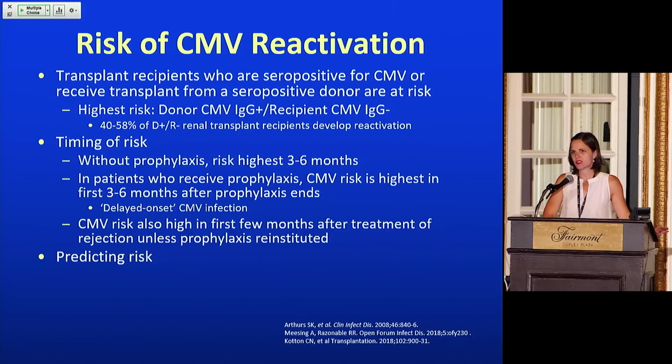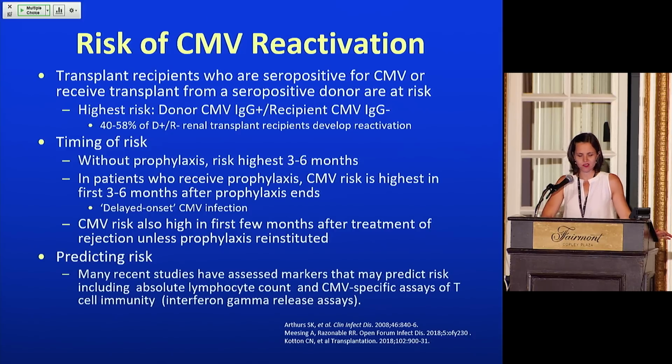So how do you predict risk? This is kind of a hot area of research right now. There are a couple of articles that have come out recently looking at the absolute lymphocyte count. One of them suggested that if you look at the absolute lymphocyte count of the patient at the end of prophylaxis, if it's low, those people are at higher risk. Different groups have found different cutoff points.